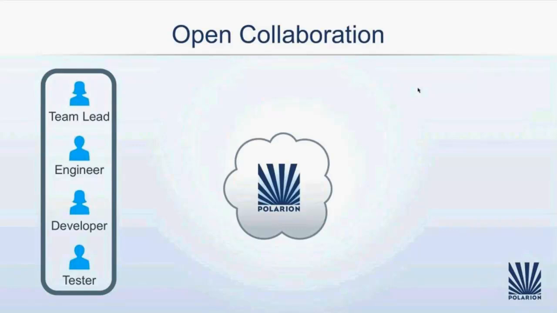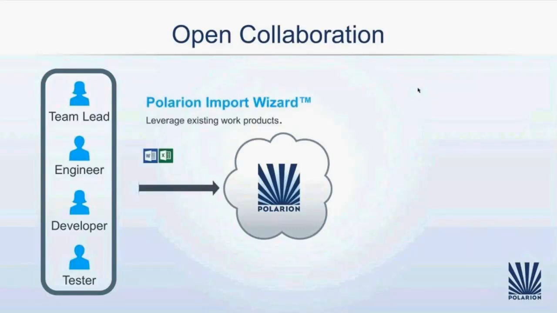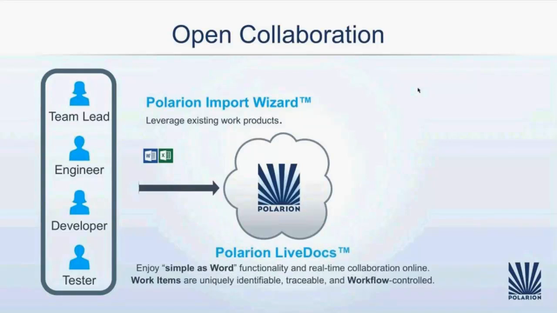And for that, we also understand that it's not just about using Polarion, but it is also how Polarion requirements integrate with industry tools like Microsoft Word. We see that many of our customers are simply used to gathering the initial requirements as Microsoft Word or Excel documents, and we have a really unique technology to import all of them into Polarion as a live document that looks and edits very similar to the original imported document.